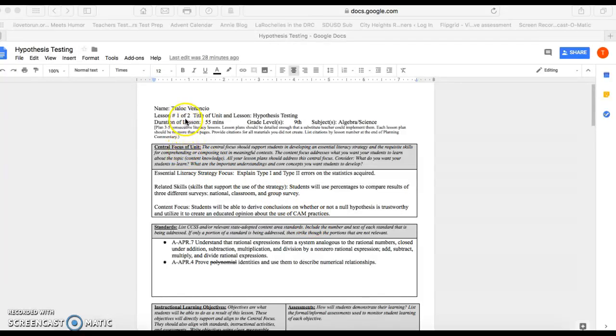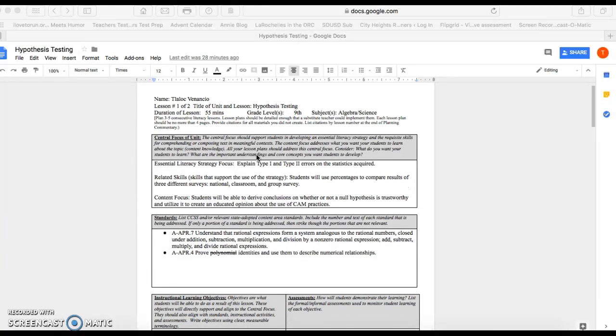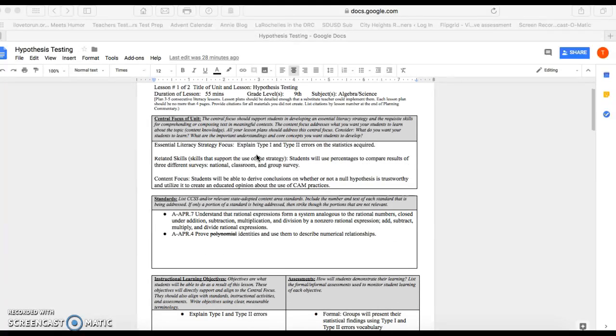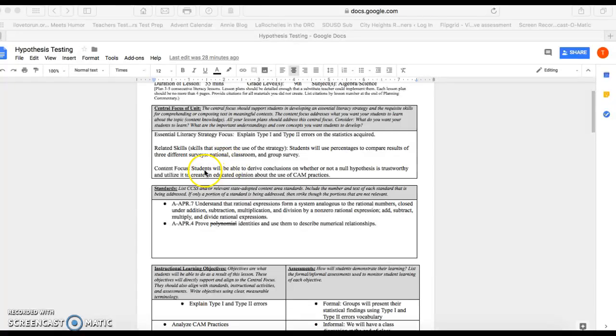I call this lesson one of two because in the linked learning curriculum, the lesson was an hour and 55 minutes, but this would just be 55 minutes of it. My central focus is that students will be able to derive conclusions on whether or not a null hypothesis is trustworthy and then utilize it to create an educated opinion about the use of camp practices.